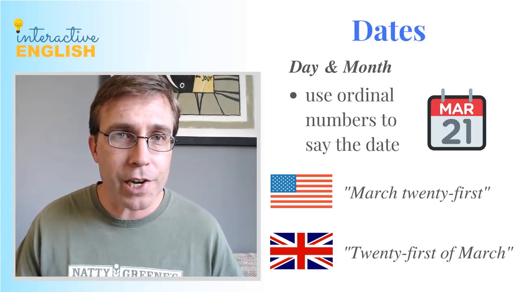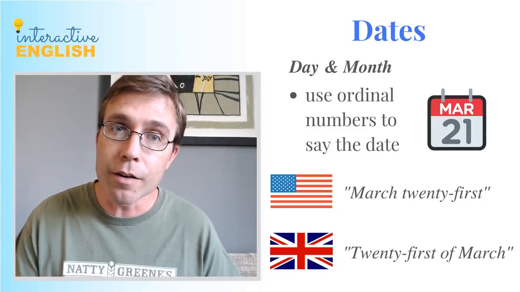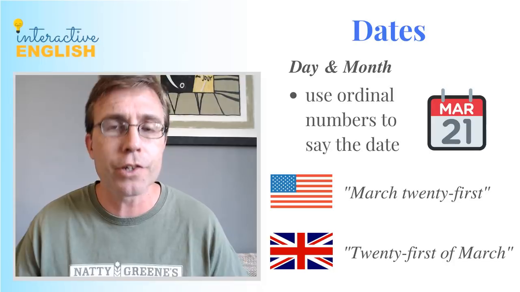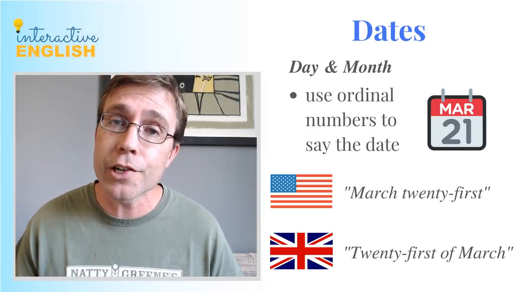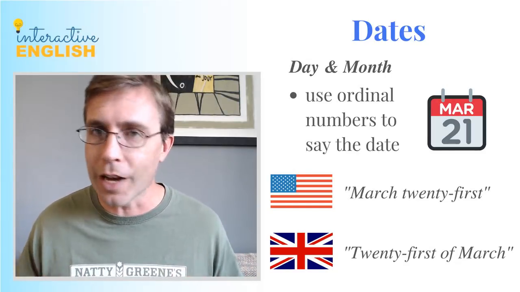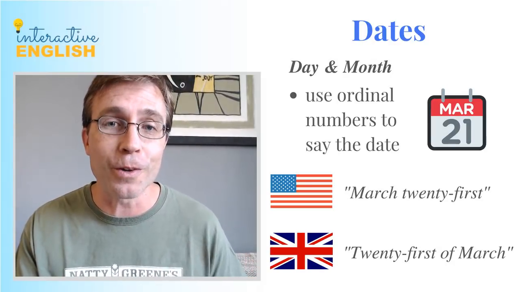And I think in British English, it's slightly more common to say the ordinal number first, then "of" and then the month: 21st of March, 22nd of March, 23rd of March, 24th of March. Many people always ask about the differences between British and American English. This is just a slight difference, but you could use either one and people are going to understand you as long as you use the ordinal number.